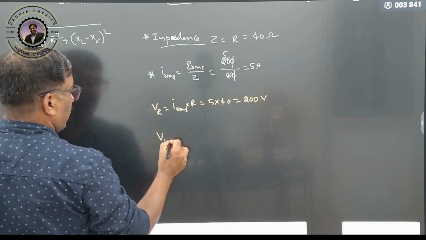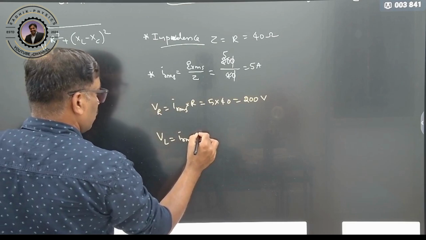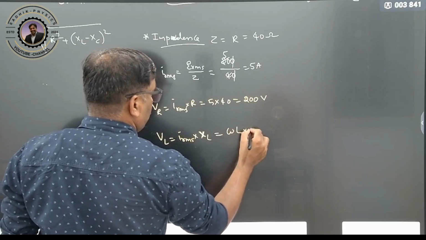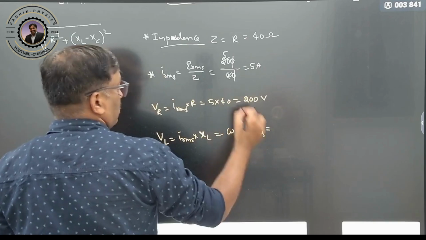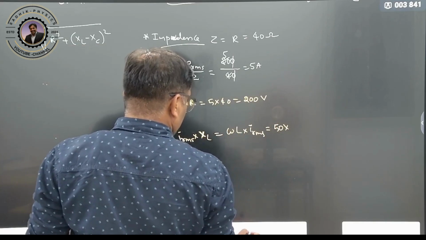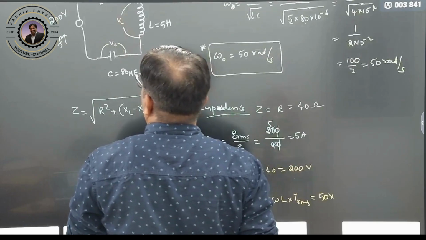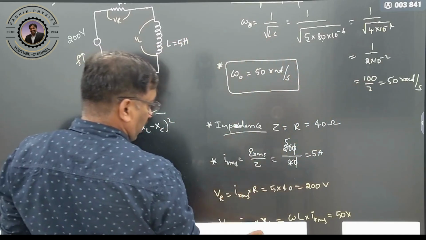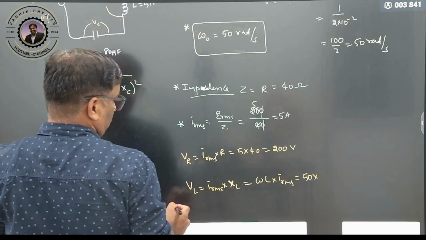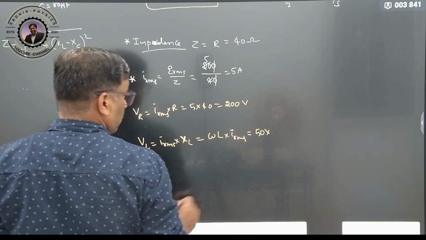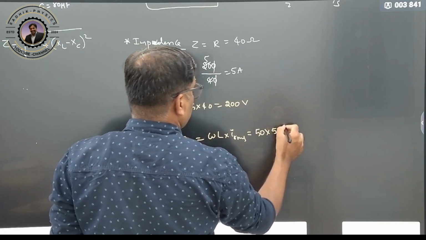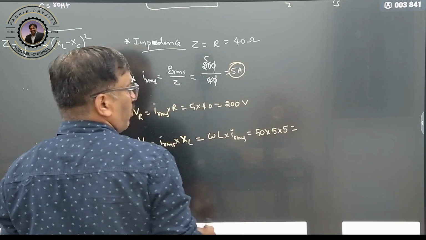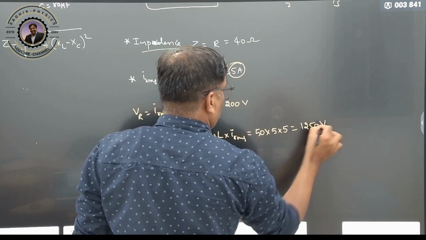So VL, how much now? IRMS into XL. First of all, XL is omega L. Omega is 50, L is 5 Henry. So omega L into IRMS, the current is also 5. So 5 into 50 is 250, times 5 is 1250 volts.